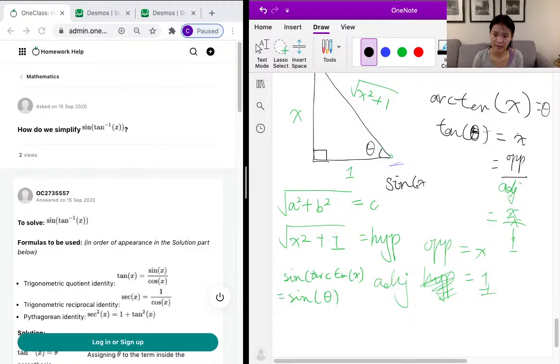So we know the sine of x is equal to opposite over hypotenuse.